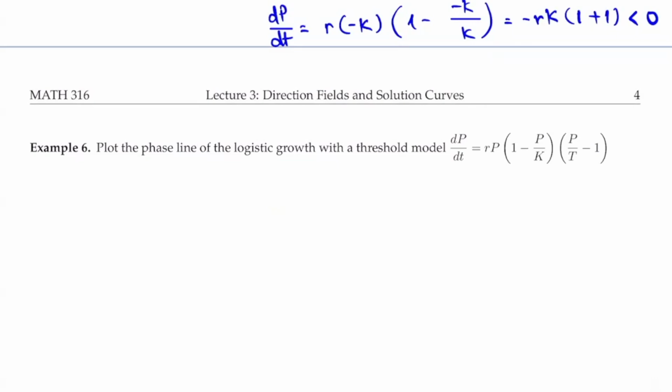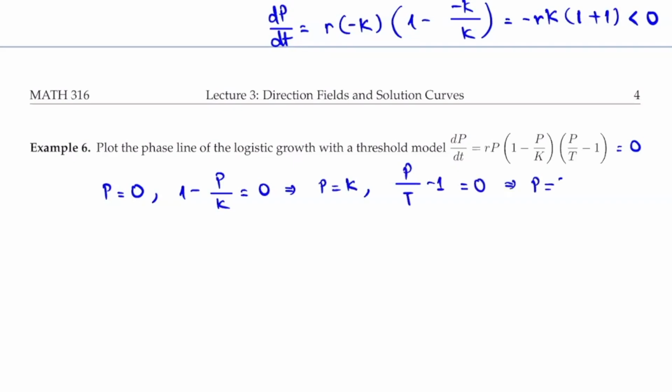All right, so this is again an autonomous differential equation because there's no explicit value of the independent variable time t. To find a critical point or equilibrium point, you set this equal to 0, and you get three values. P equal to 0. 1 minus p over k equal to 0 implies that p is equal to k. And p over t minus 1 equal to 0 indicates that p is equal to t.